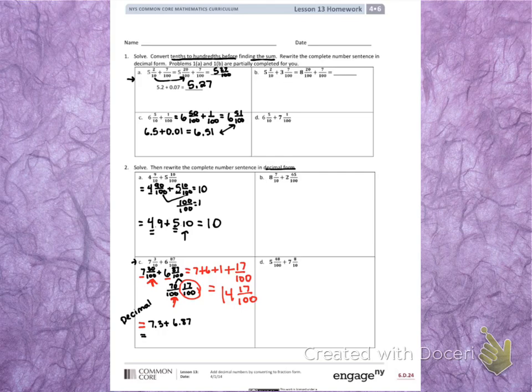And we can go ahead and break this down into a 7 tenths and a 17 hundredths. I'm just going to treat it similar to what I did with the fractions. And a 3 tenths and a 7 tenths makes 1. So at this point we have a 7 plus 6, which makes our 13, plus 1, which makes 14, and 17 hundredths. So our answer will be 14 and 17 hundredths. And that's what it looks like as a decimal.